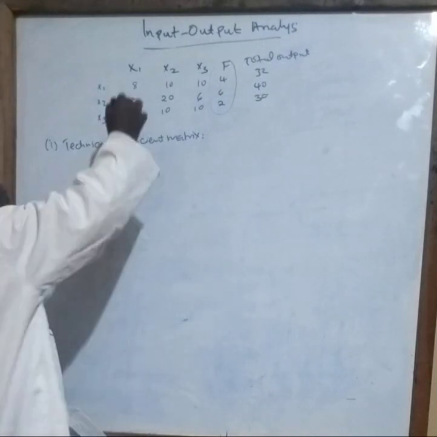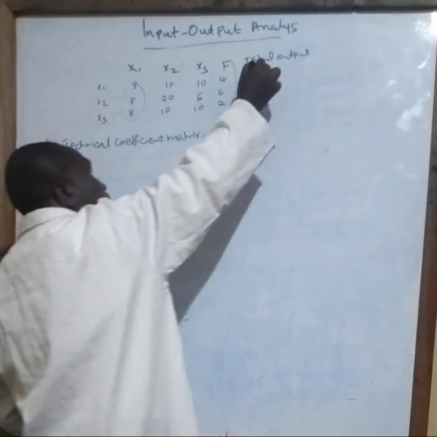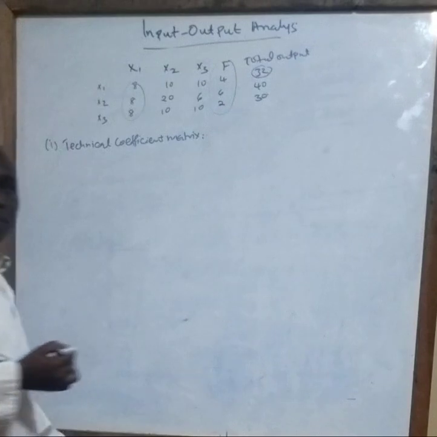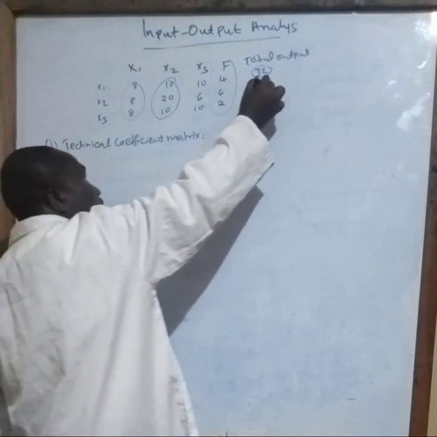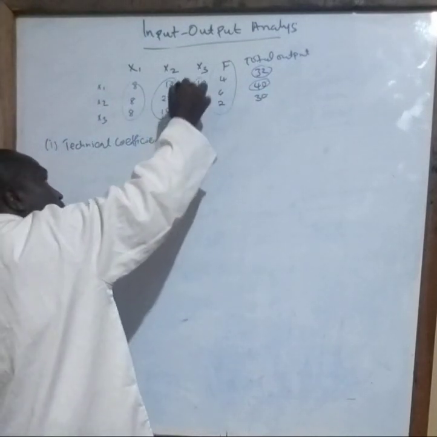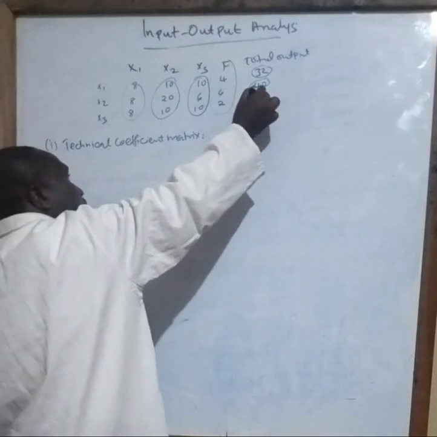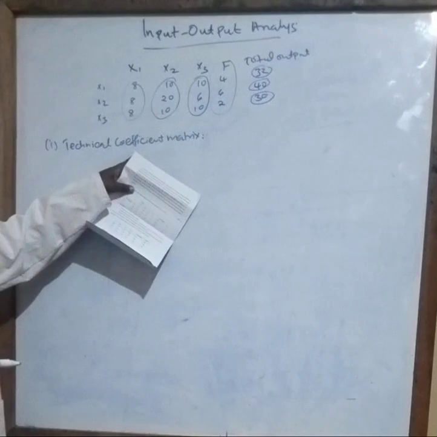It is very simple. This column here will be divided by 32. This column here will be divided by 40. And the last column here will be divided by 30 to obtain what they call the technical coefficient.